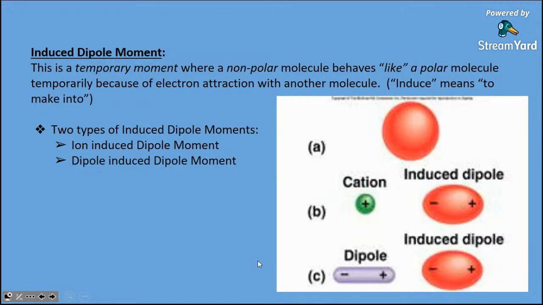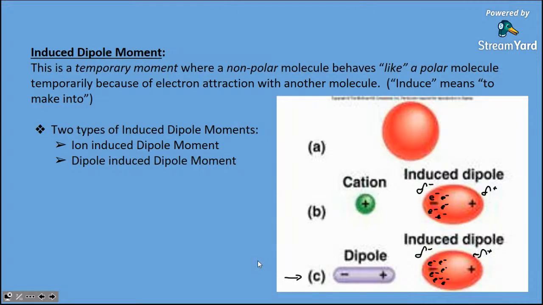And in that moment that all those electrons crowd over to one side, what that does is it produces a region of polarity, that induced dipole moment. The other way I can do this is to introduce, like they show in figure C, a dipole. They show a positive side of the dipole coming in, and again, all those electrons are going to crowd around because they sense that positive charge, and again, it's going to induce a polarity.